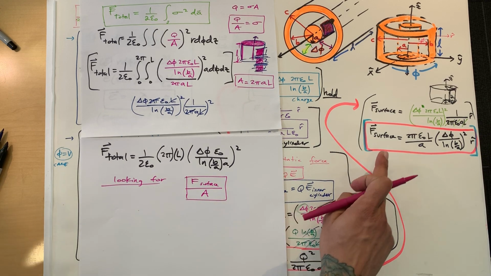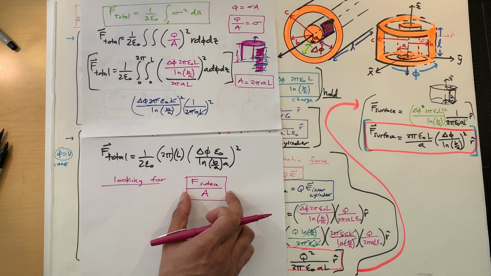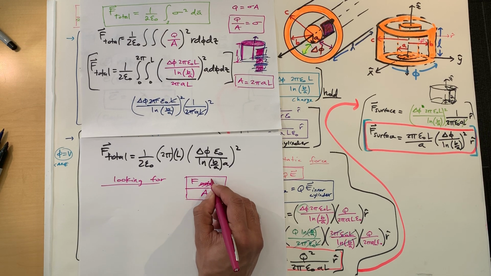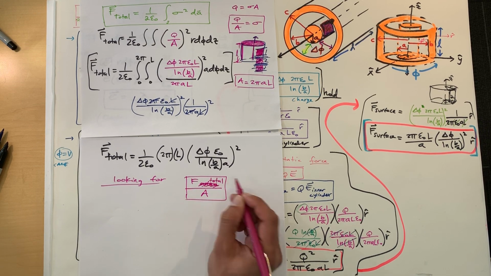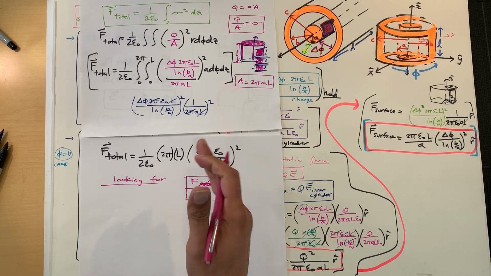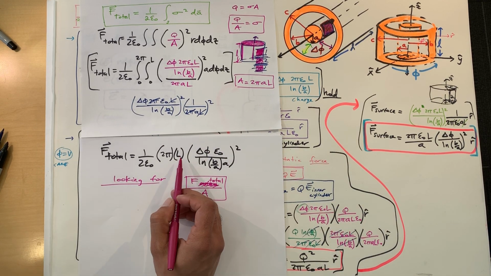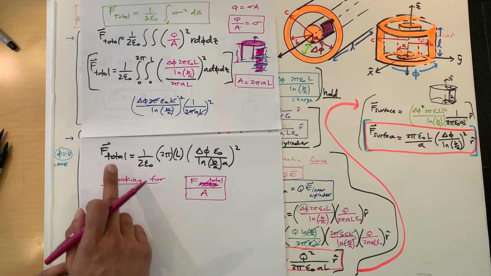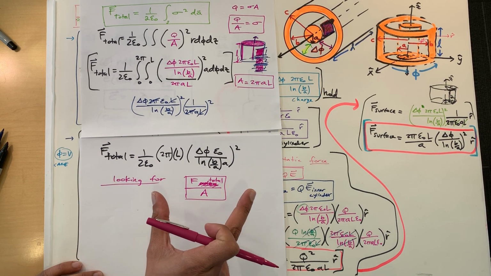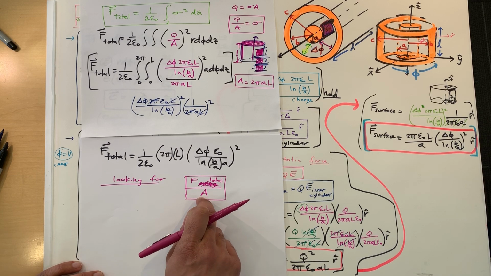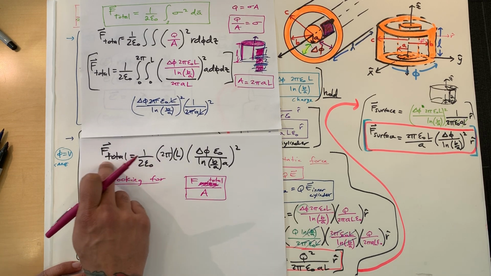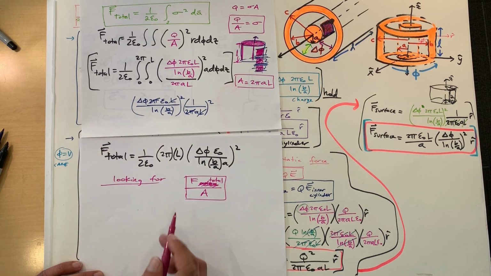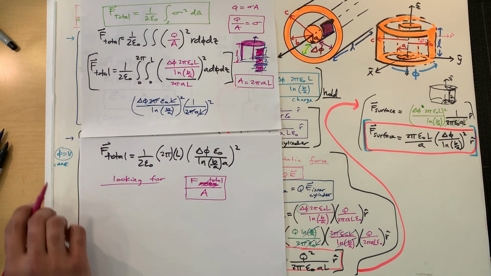Sorry, this is total. This was the surface, and this is the total, so an amount of length that the cylinder is. So this is what we're looking for. We have this. Now let's try to get the area underneath. Instead of just multiplying or dividing both sides by A, let's see what we can do with this in here.